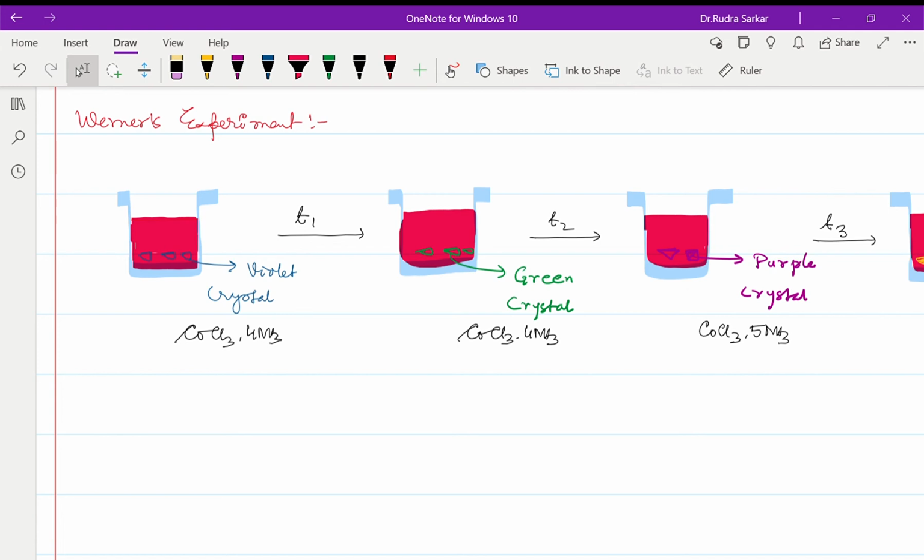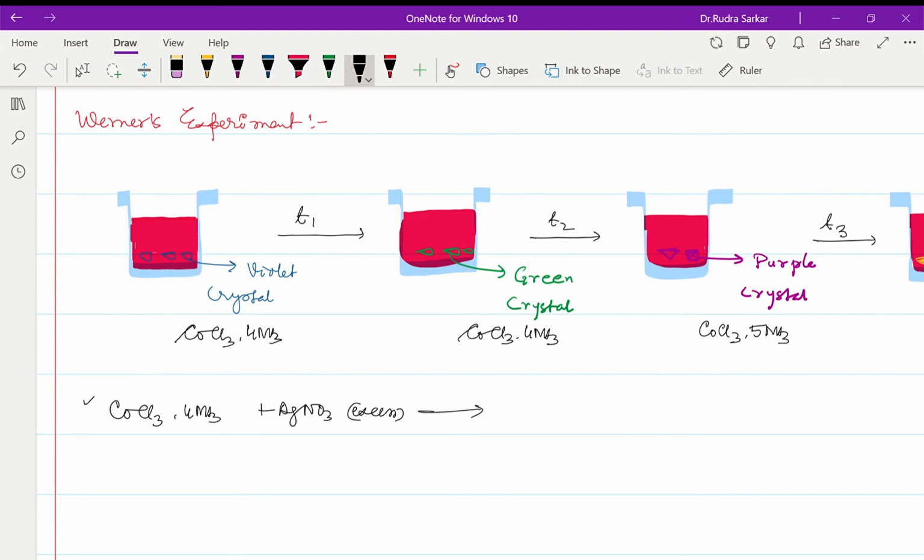So what he did, he took this particular complex, say COCl3·4NH3, and he added some excess amount of AgNO3.